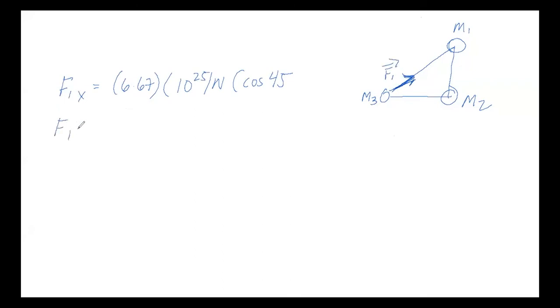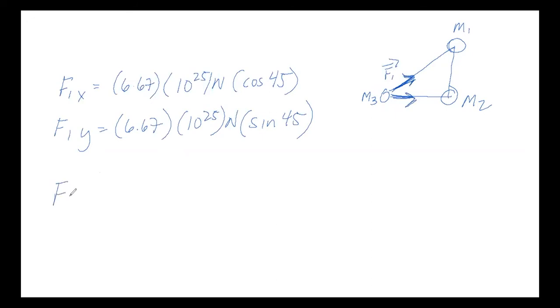And F1 of y is going to be the same thing times the sine, 6.67 times 10 to the 25th newtons times the sine of 45. For F2, we don't have a y component, so F2 of x is just that entire force, 1.33 times 10 to the 26 newtons, and F2 of y is equal to 0. Then I guess I add them up and find their magnitude and direction.